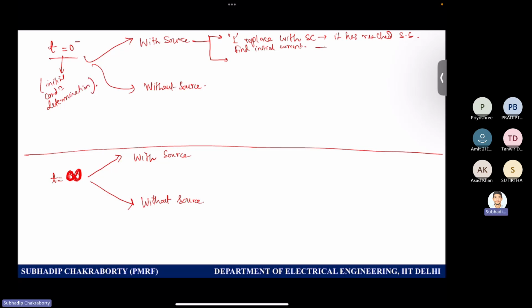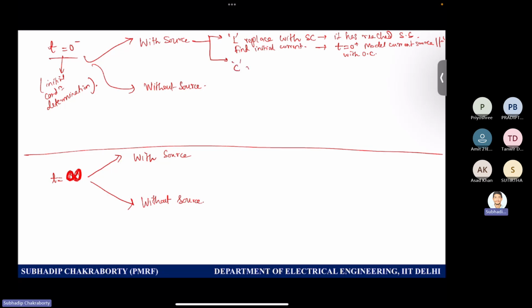Find initial current, and then at t equal to 0 plus, you model current source in parallel with open circuit. That is what we were doing, right?